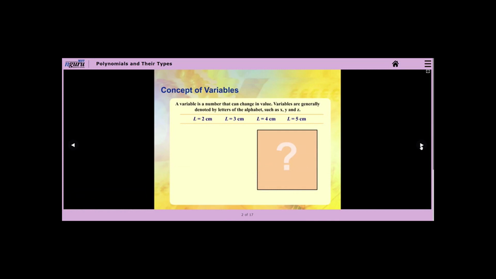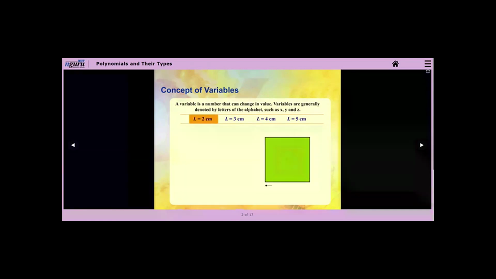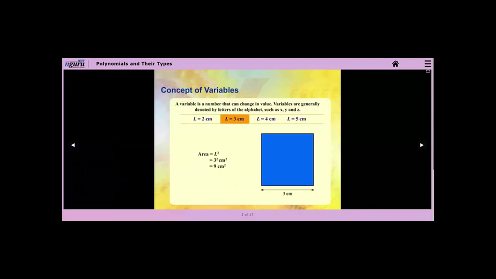Let us now learn the definition of a variable. A variable is a number that can change in value. Variables are generally denoted by letters of the alphabet such as x, y, and z. For example, consider a square with side L equal to 2 centimeters.